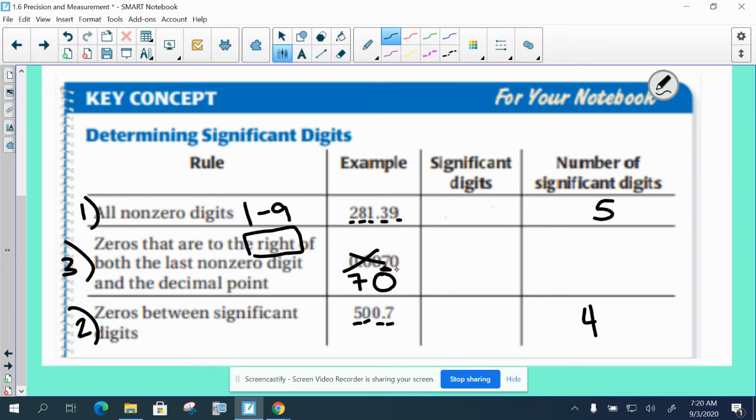However, this 0 does count. Why would this 0 count? Well, this is telling us that it's not just 0.007, that they actually did take the measurement into the hundred thousandths, millionths place. It wasn't just 1 or 2, it was 0.